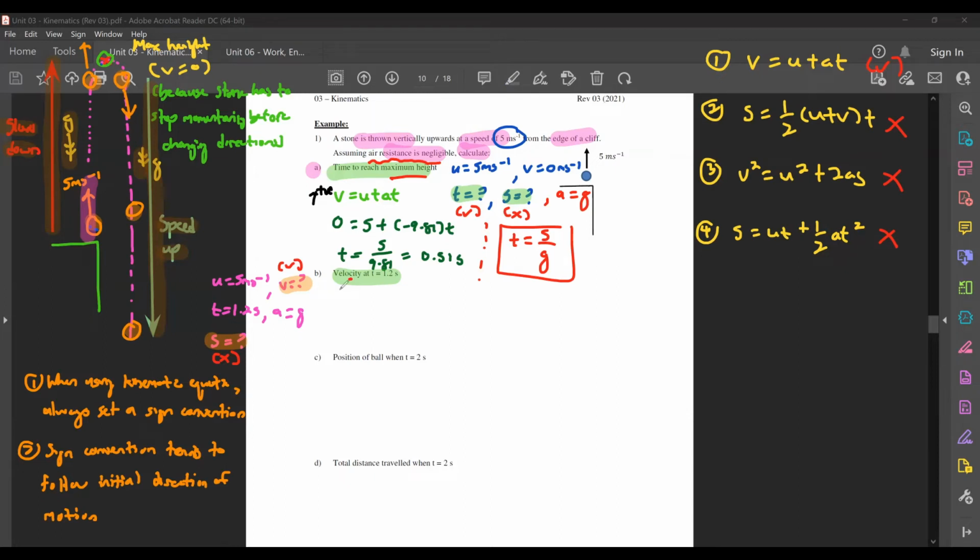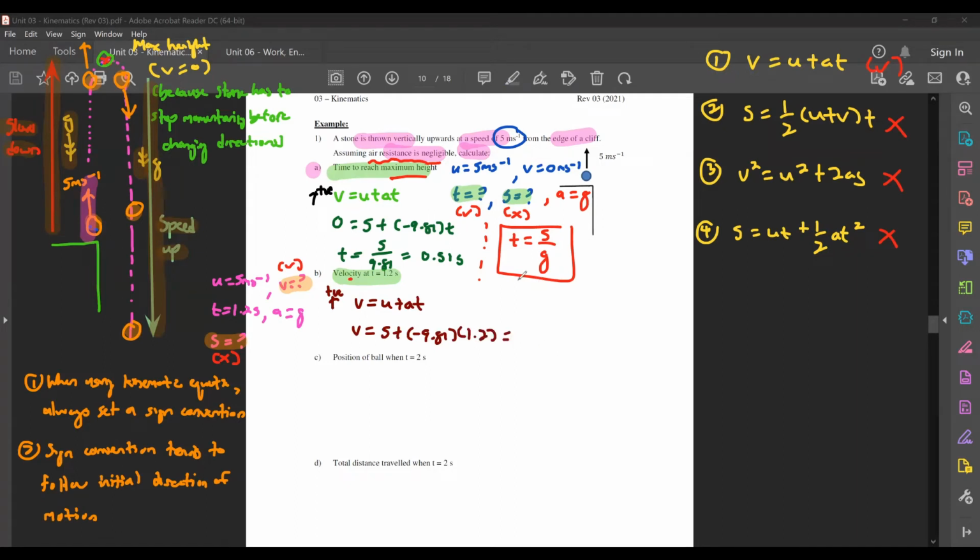Here, outwards is positive because this is your sign convention. Then you get V equals U plus AT. V is what you want. This one will be 5, and this one will be negative 9.81 times 1.2.